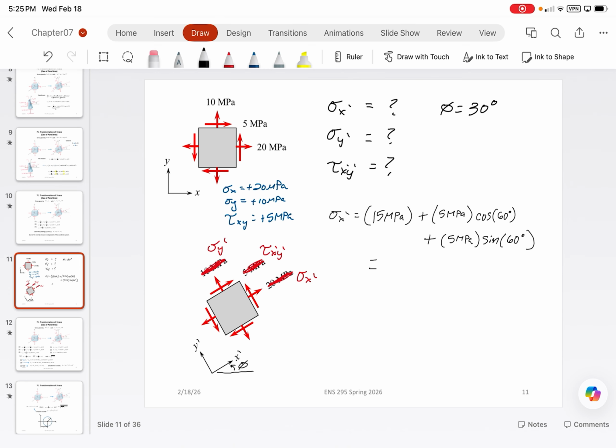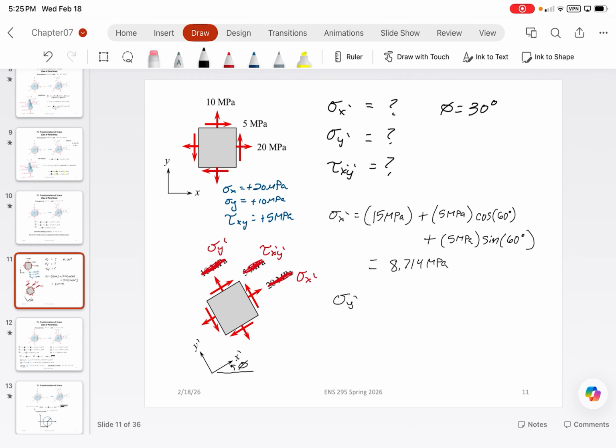Plug this in: 15 plus 5 cosine 60 plus 5 sine of 60. You should get around 8.714 megapascals.